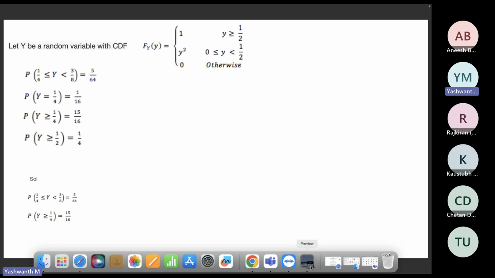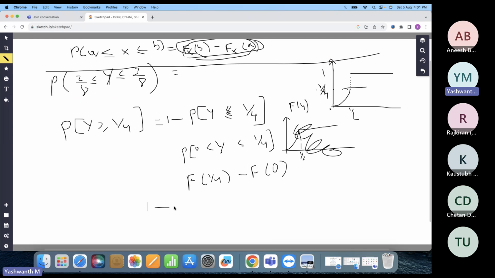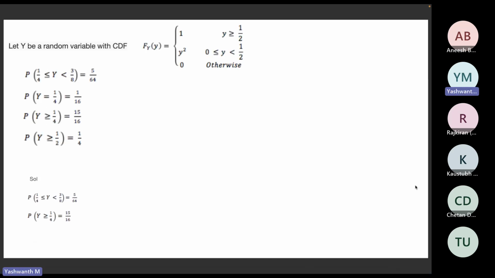Right, so that is nothing but 1 minus F of 0, which is 0, because it starts from that. And this is 1 by 16, and this is nothing but 15 by 16. Okay, so that's what you got.